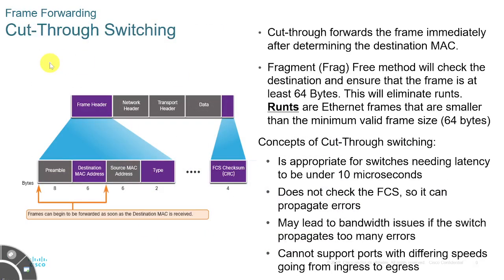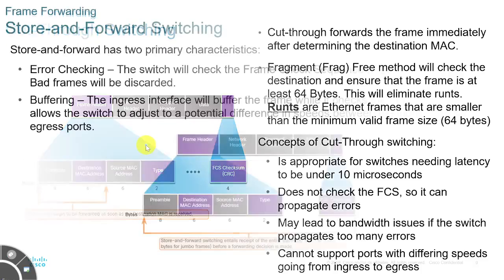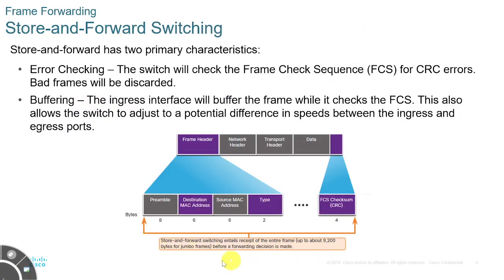While in cut-through switching, as you see here, store and forward switching entails receipt of the entire frame, up to 9,200 bytes for jumbo frames, before a forwarding decision is made.